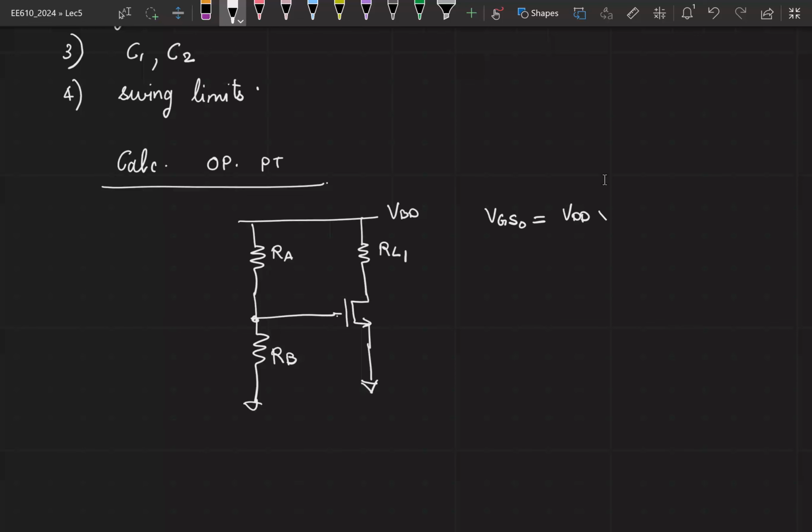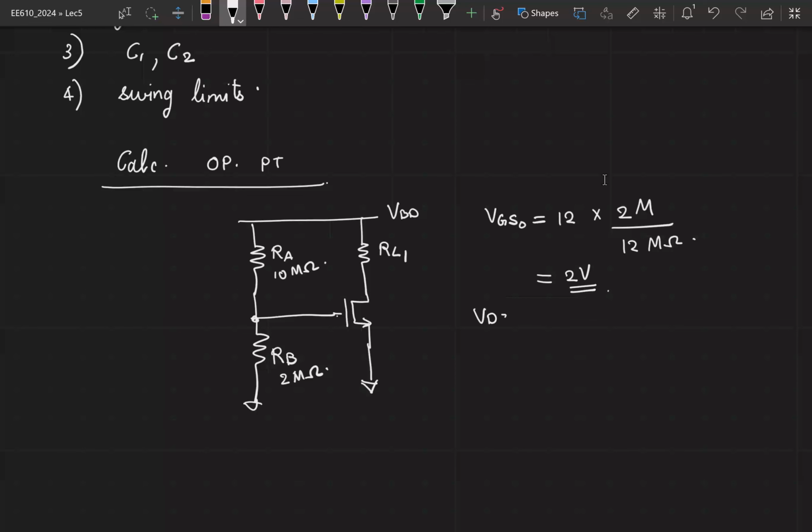This is VDD into, this is at 10 mega ohm, this was at 2 mega ohm, and VDD was equal to 12 volt. So this is 12 into 2 mega ohms divided by 10 plus 2, 12 mega ohms. So this gives you 2 volts, right?